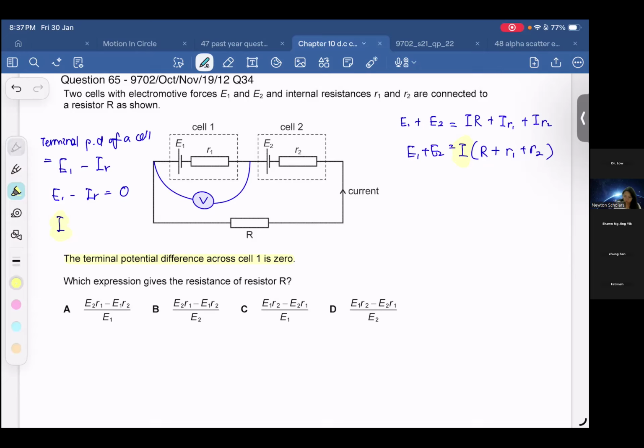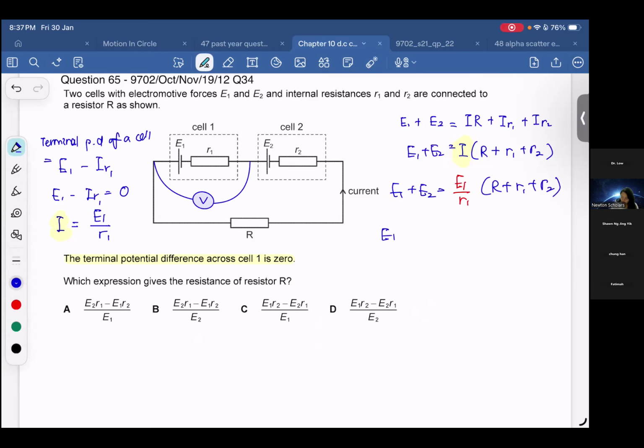Because just now, from here, I know that there is no I in my options A, B, C, D. Then I must replace something into the I. Take out the I and replace something in. So I equals E1 over the small r1. So here we substitute this: E1 over R1 equals E1 plus E2 over R plus R1 plus R2.